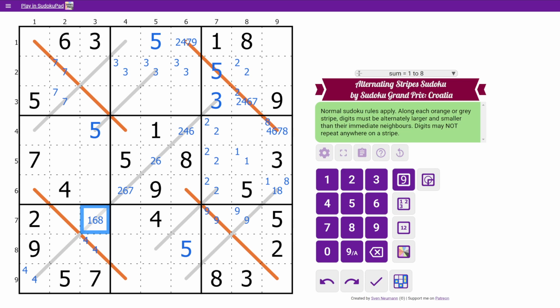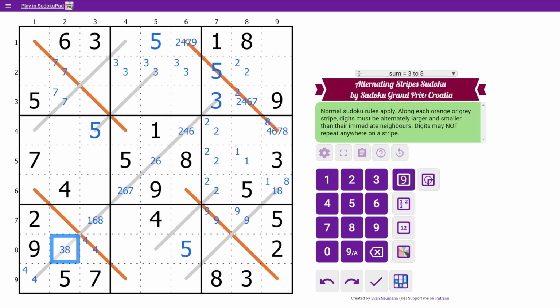If it was to go down, so let's go, what is above 1? What is able to be here above 1? 2, 3, 4, 5, 6, 7, 8. Only 3, 8. What about below 8? Would it be the same?